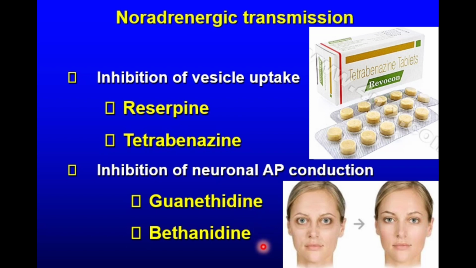They block transmitter release partly by their local anesthetic action. Guanethidine is effective in treatment of severe hypertension but causes side effects including postural hypotension, diarrhea, and nasal congestion.